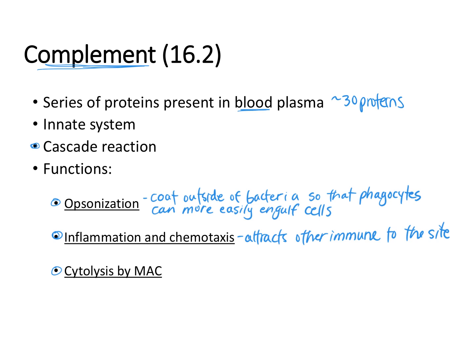And they can actually act to kill certain kinds of pathogens. They can actually lyse some bacterial cells by this MAC, which is an abbreviation for a membrane attack complex. Okay, so they can not just help other aspects of immunity, but actually cause the lysis of certain bacterial cells.